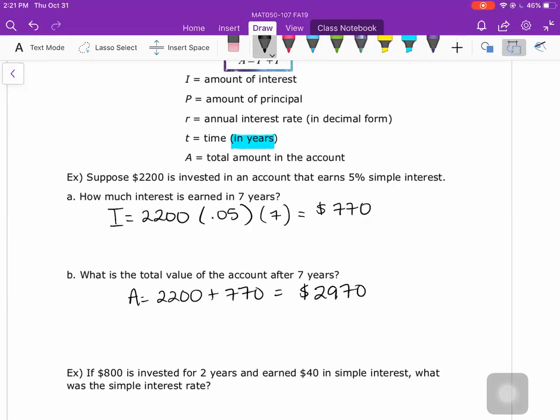So after 7 years, that initial investment of $2,200 is now worth $2,970. At the end of 7 years, that's how much money is sitting in that account.